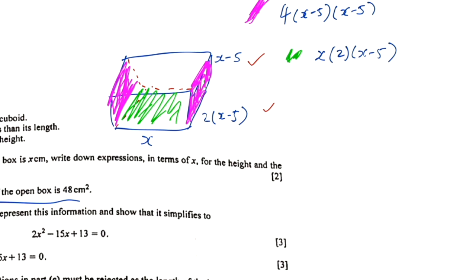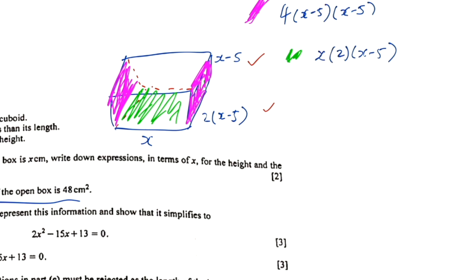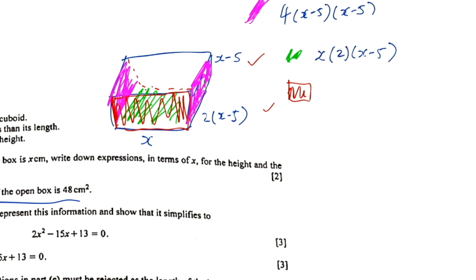Okay, next we have the red color. The red color is this rectangle. Can you see that? The red rectangle is x times x minus 5, and there are two of them.